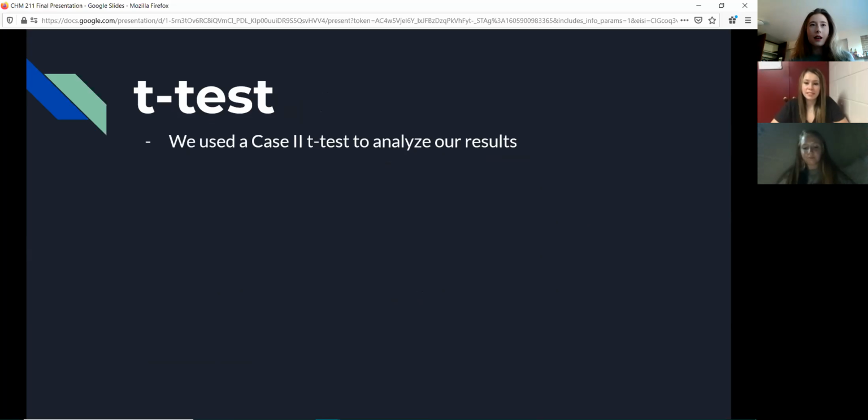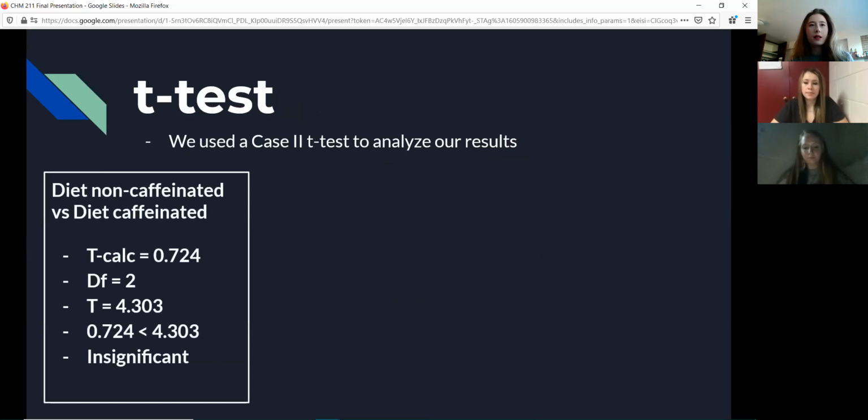For our t-test, we wanted to find significance between all of the drinks, so we used a case 2 t-test. When we tested the diet non-caffeinated soda versus the diet caffeinated soda, we found a t-calculated value of 0.724, which compared to the t-crit value of 4.303 meant that it was insignificant.